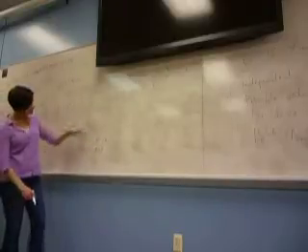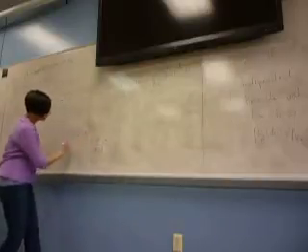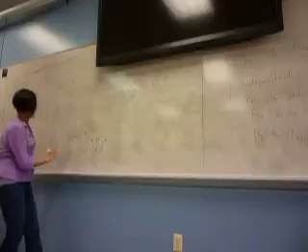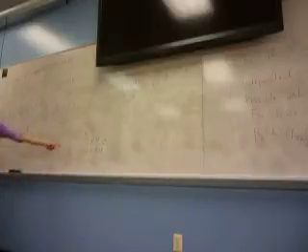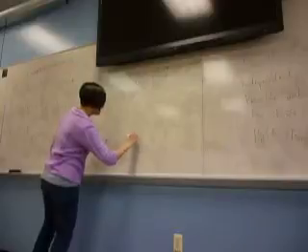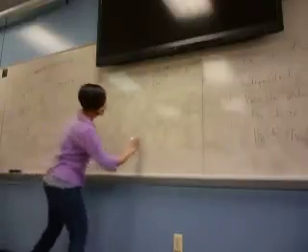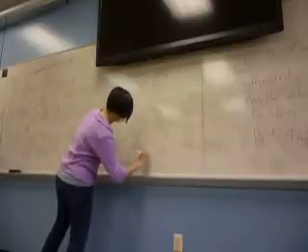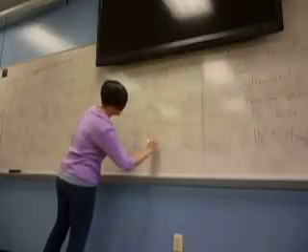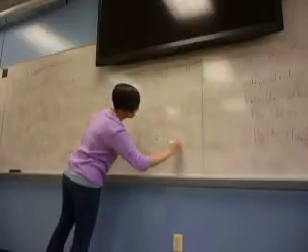k factorial doesn't depend on i. So let me multiply by k factorial, and divide by it outside the summation sign, since it doesn't depend on i. If I multiply and divide by k factorial, then what's in here looks like this: the sum from 0 to k of k choose i, lambda to the i, mu to the k minus i.